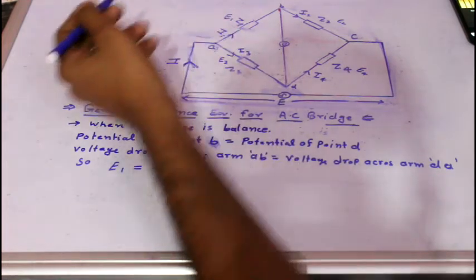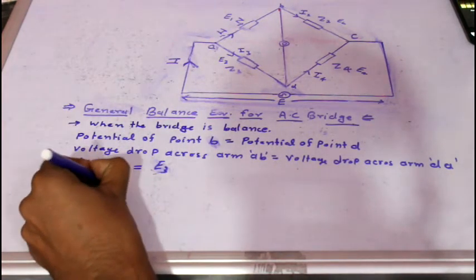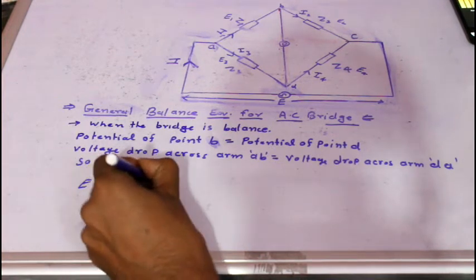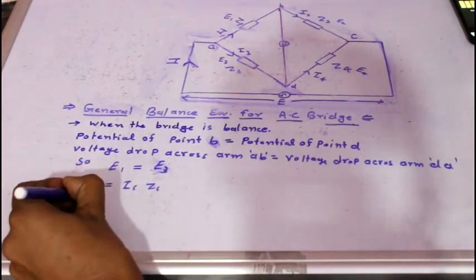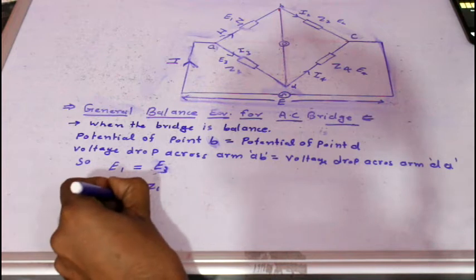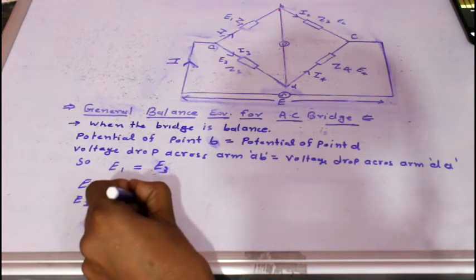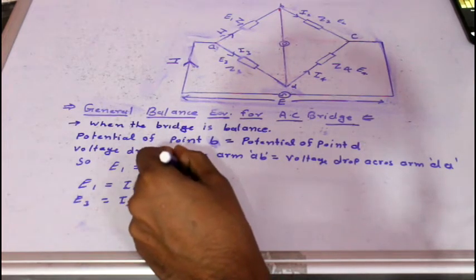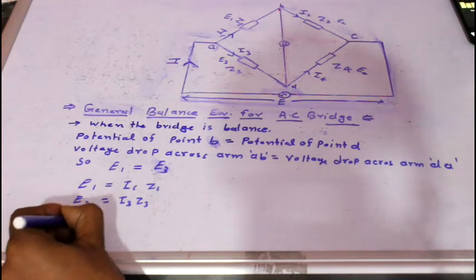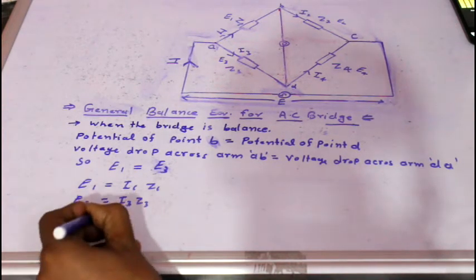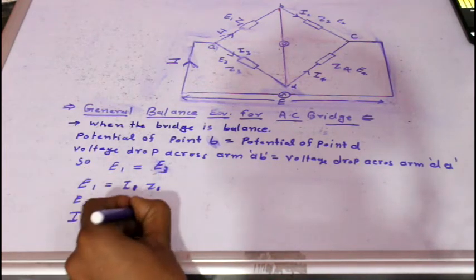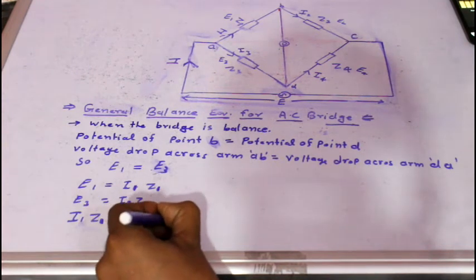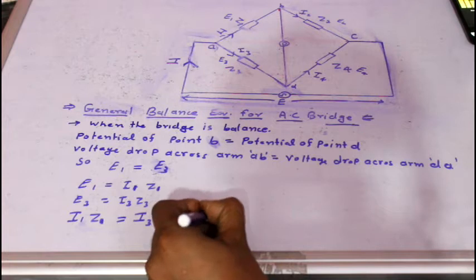So the value of E1 is equal to I1 Z1, and the value of E3 is equal to I3 Z3. Putting these values in this equation, I1 Z1 is equal to I3 Z3. So this is equation 1.